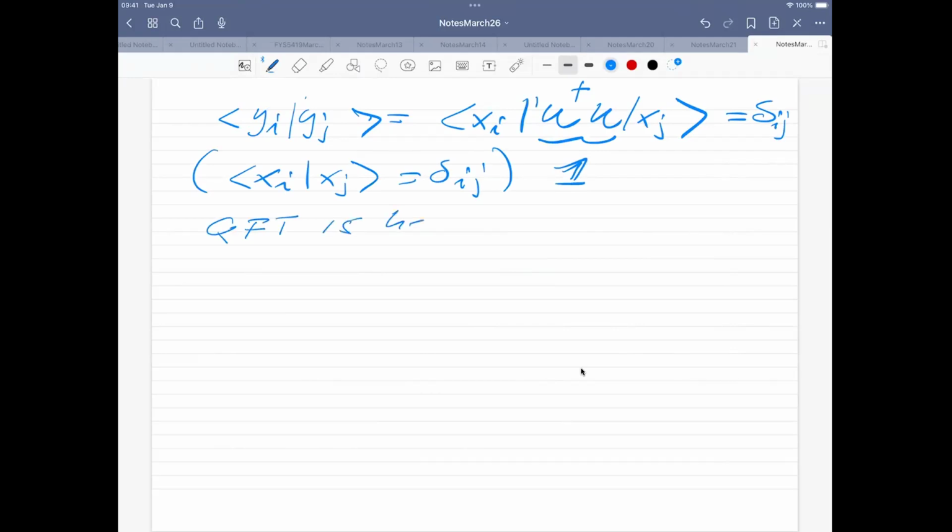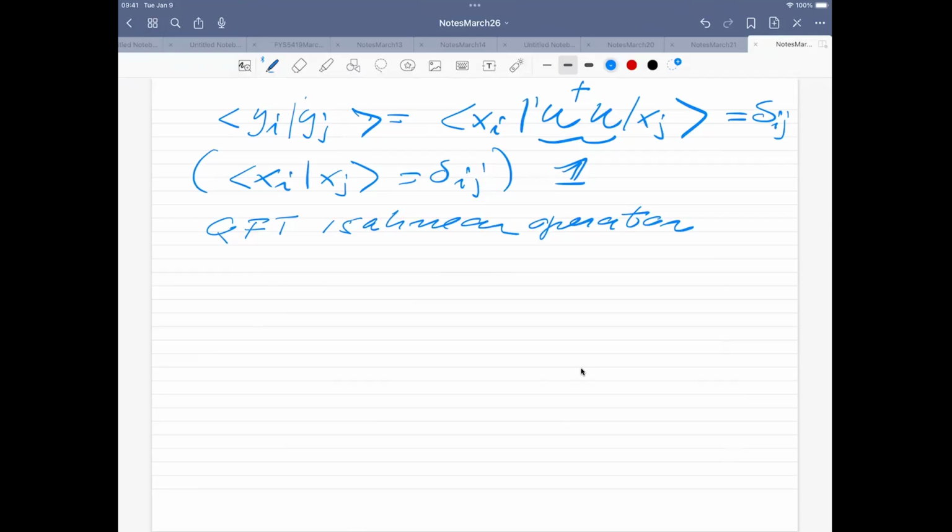Now the QFT is linear, as most of the things we do in quantum mechanics. It is a linear operator, and that transforms an orthonormal basis into a new orthonormal basis. That's the way you can think of it.